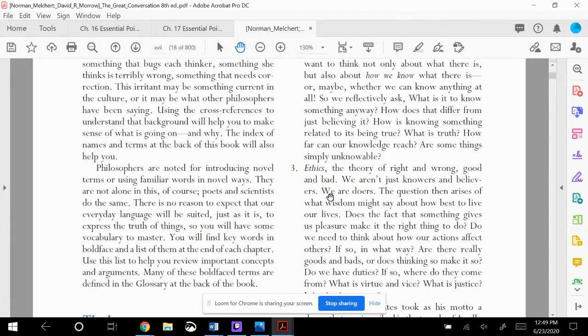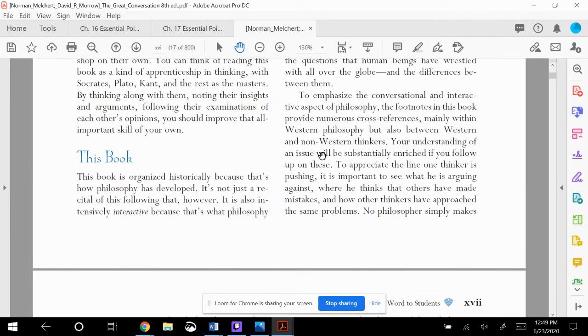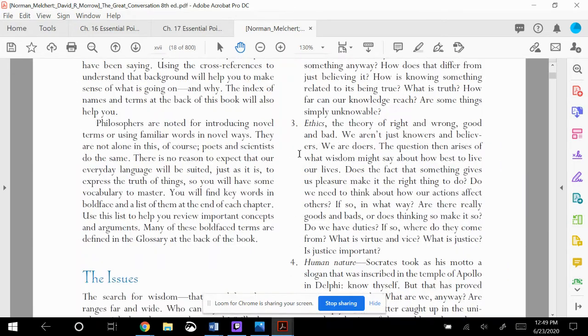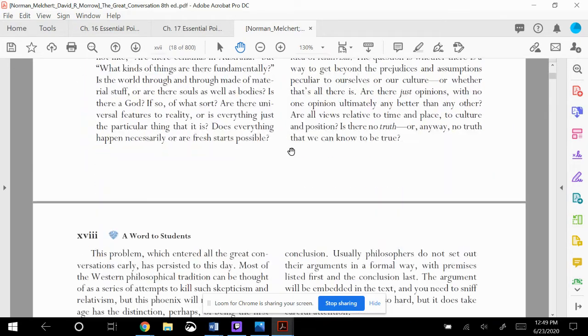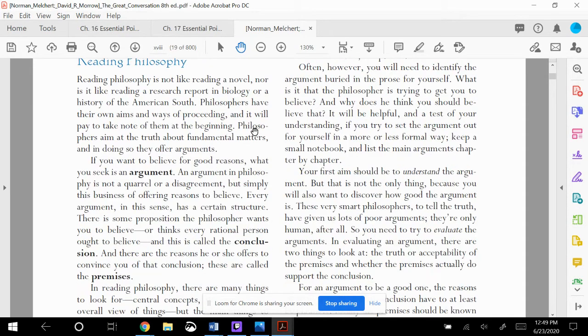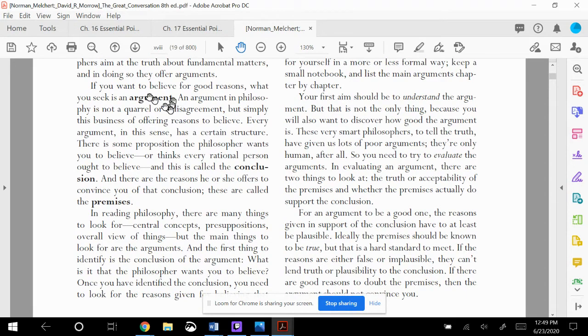Human nature, ethics, epistemology. Notice he doesn't have aesthetics up there. Notice he doesn't have logic and critical thinking, but he talks about all that inside there. So what I've done is taken what he's going to, and this is a really important section.